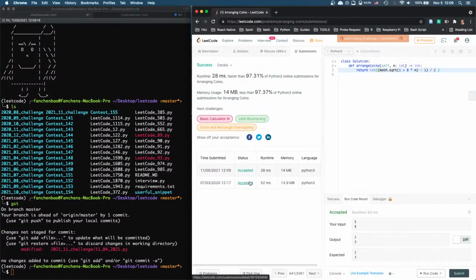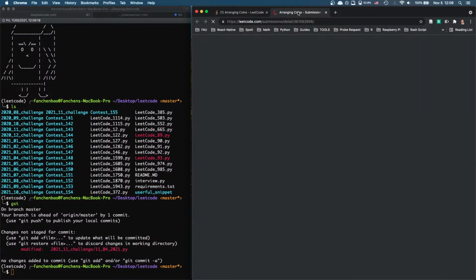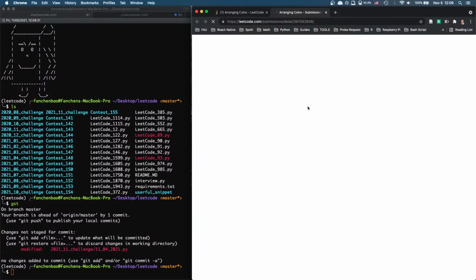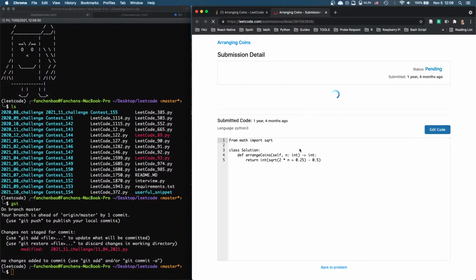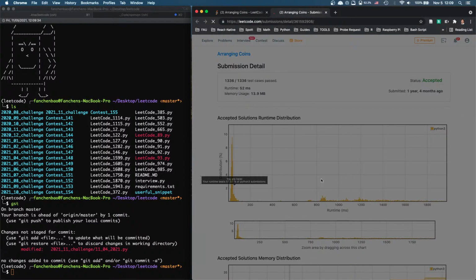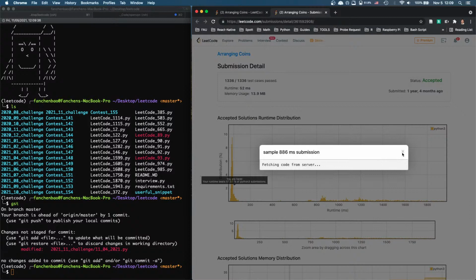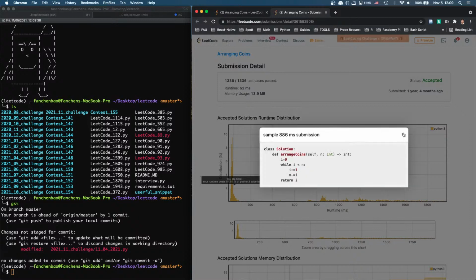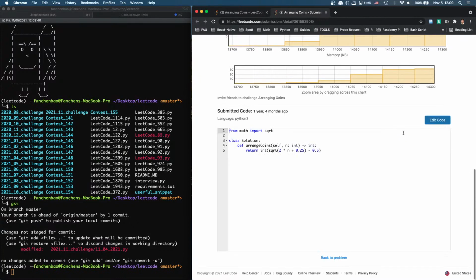So I think the previous solution I have is just a loop. A loop does work, but solving it with a math formula is easier. Not easier, it took me a while to figure it out. Oh, it's the same. I used the exact same solution back then. I thought I was using a loop.